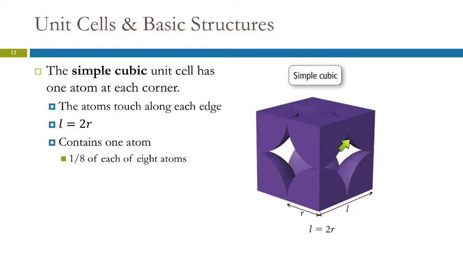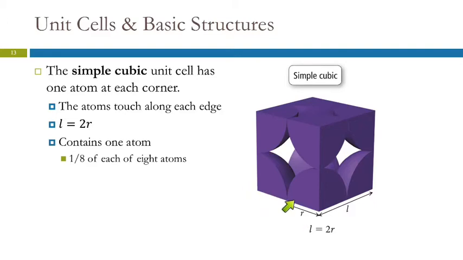So if you took all these pieces and put them back together, that would equal 1 atom, right? If you take this unit cell and copy it over and over again, then you'll end up with whole atoms, right? And so you might say, well, why can't you just say that the unit cell is 1 atom and reproduce that? Well, because that's not going to give you the same structure.